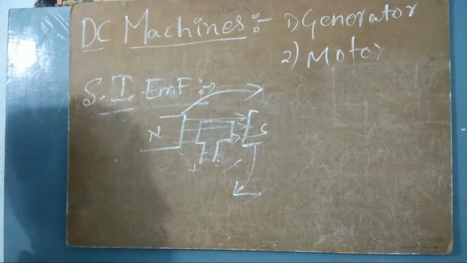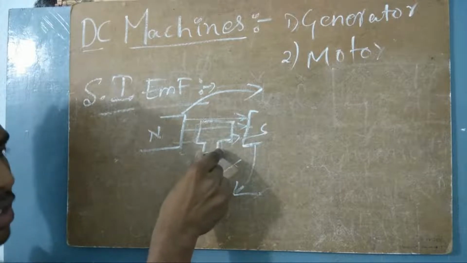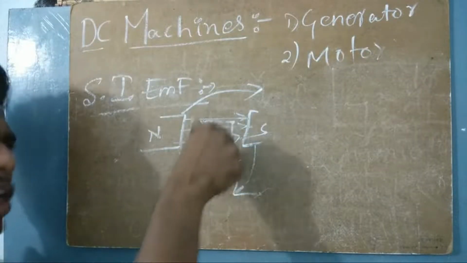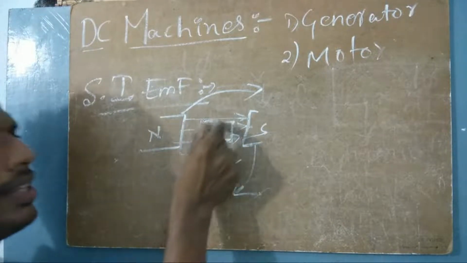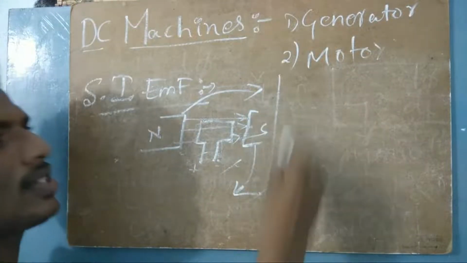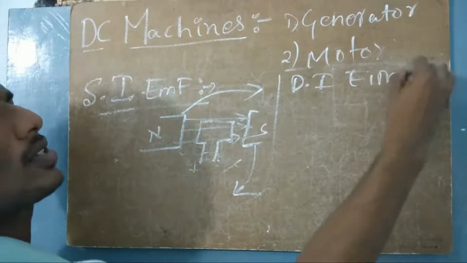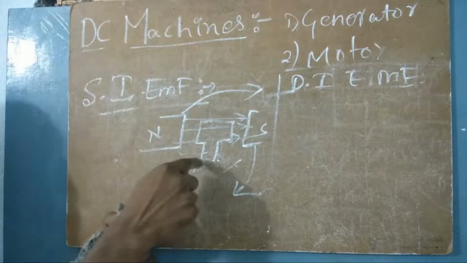Statically induced means some amount of EMF is being induced into the conductor, but the conductor is at rest while the magnetic field is moving. When the magnetic field moves and the conductor is at rest, the induced EMF we get in the conductor is called statically induced EMF. Opposite to this is dynamically induced EMF, where the conductor is moving.